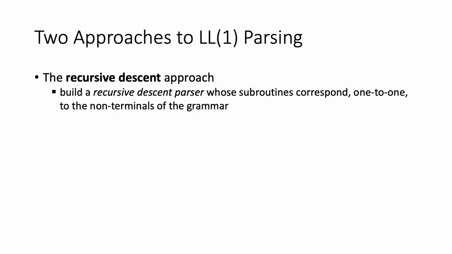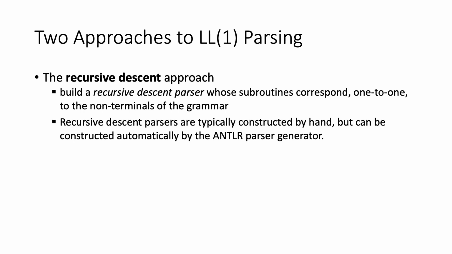The process of LL parsing can be formalized in one of two approaches. The first one, the recursive descent approach, is to build a recursive descent parser whose subroutines correspond one-to-one to the non-terminals of the grammar. Recursive descent parsers are typically constructed by hand.